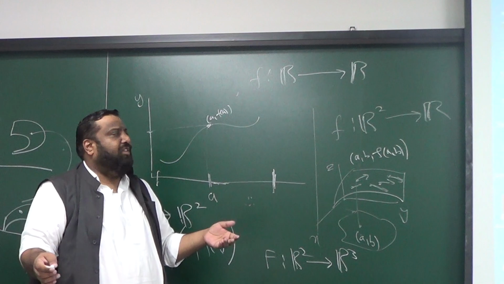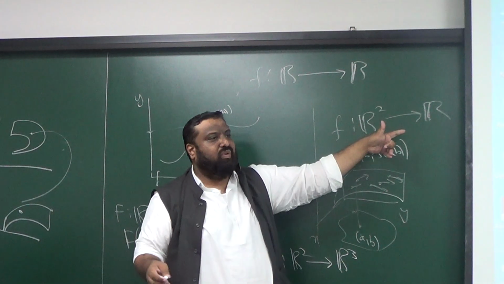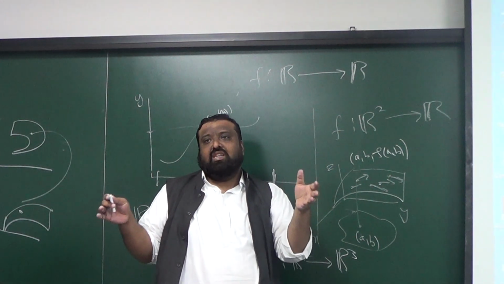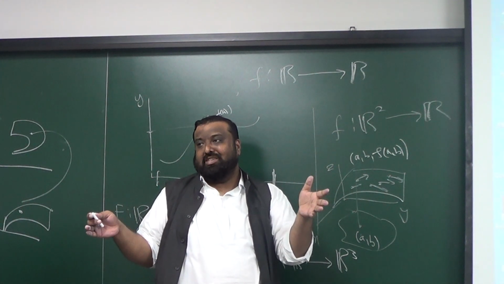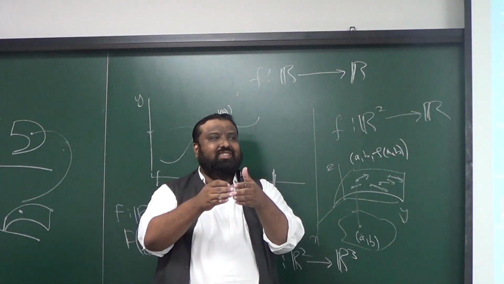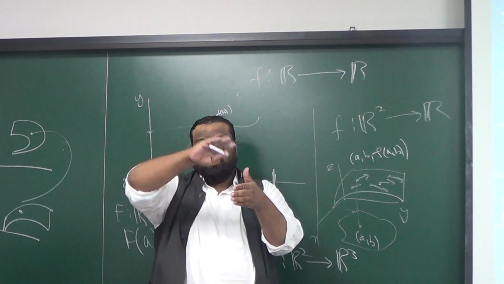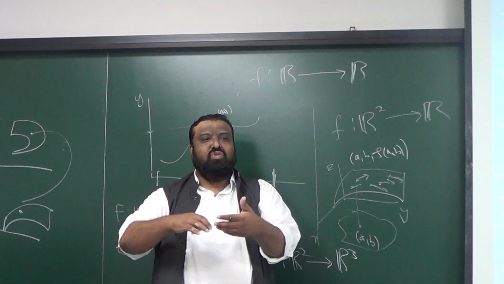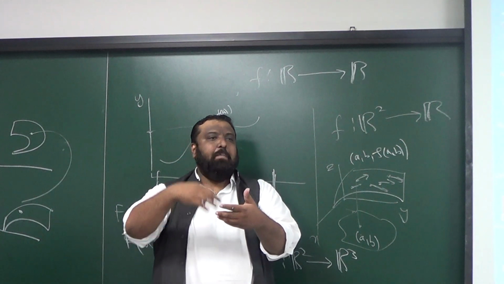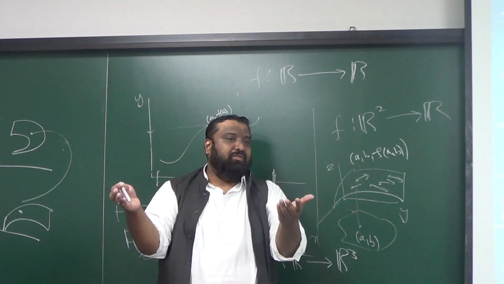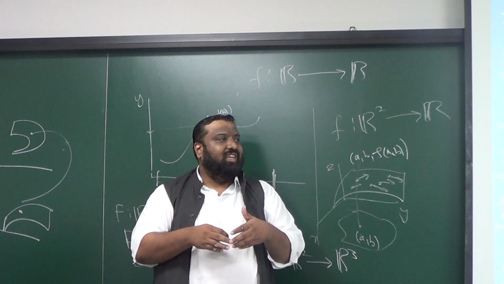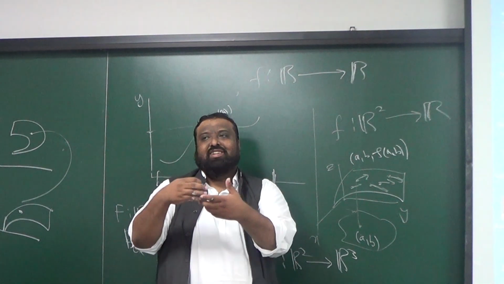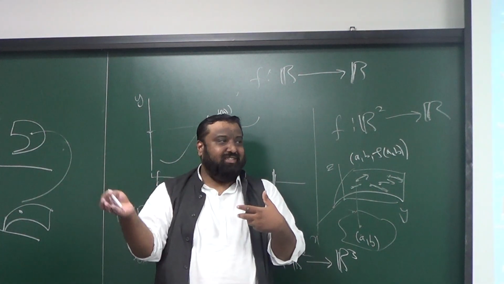Similarly, if I have a map from R3 to R, and I want to see the graph of it, I need to go to 4 dimensions, because each point lies on a hypersurface. Whenever you have something in a dimension higher than 3, you call it a hypersurface. It is no longer going to be a surface, because a surface is associated with 3 dimensions. So what would be the meaning of having a surface in 4 or 5 dimensions?